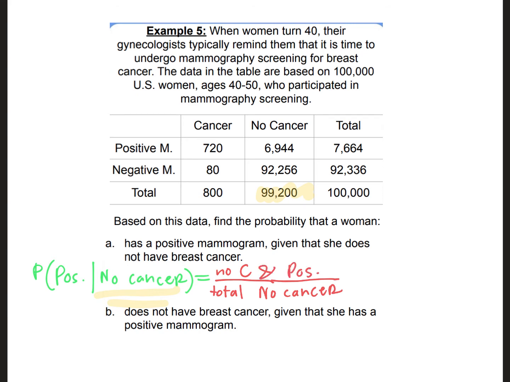So on the bottom, our total with no cancer is this number here, 99,200. And then our total of people who didn't have cancer but had a positive mammogram was 6,944.